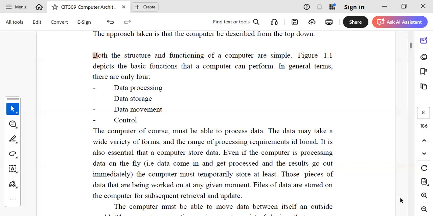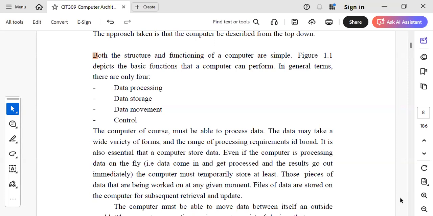Okay, the basic functions that a computer can perform in general terms, there are only four. One, data processing. Two, data storage. And four, I think it's control or data control. Let me say control.